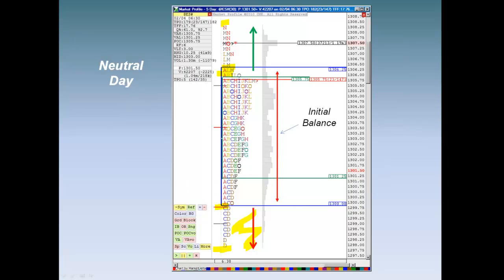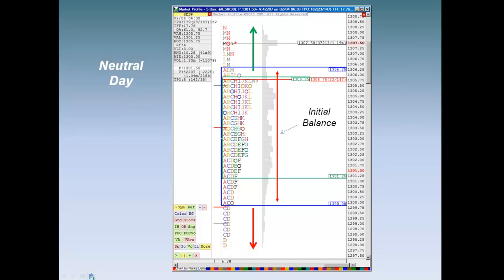If in fact you begin to see that you are in a neutral day and you are fortunate enough to pick up on that at the right time as prices come back up and they're heading in this direction, you can then begin to project where we are likely to end up on the high end and add this amount of value to the top of the day, and you are likely to have a nice trade by the end of the day come to fruition for you as prices continue to escalate and balance the neutral day to the upside.